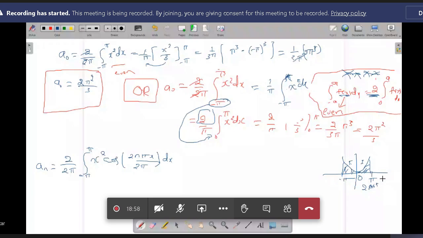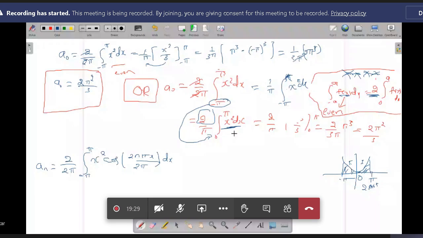That is why we changed the interval from minus pi to pi to 0 to pi. This is only for even functions. You should not consider the same thing for odd functions. If it is an odd function, the area becomes 0. Is it clear now? Yes sir. Thank you sir.